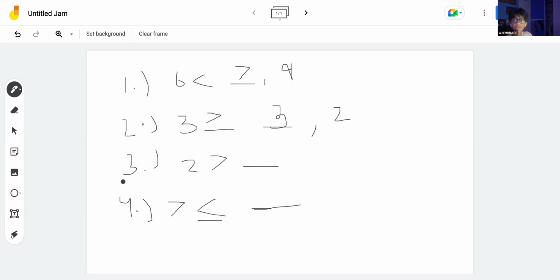Okay, so for number 3, what would 2 answers be here? 2 is greater than 3? No, it would be 3 is greater than 2.